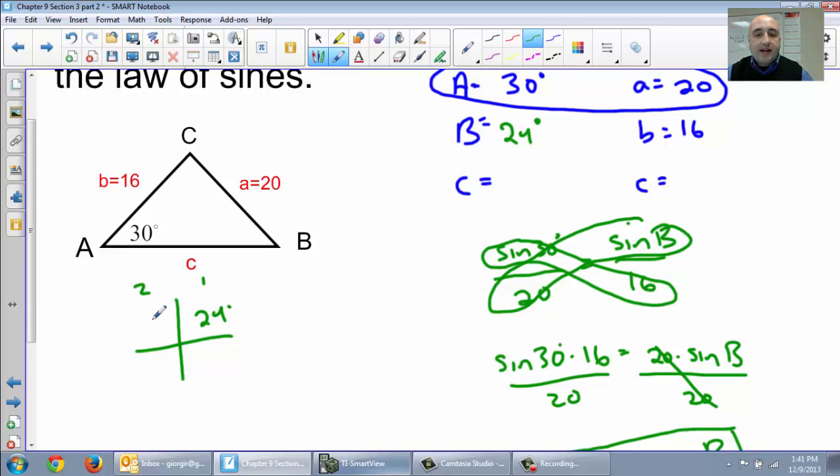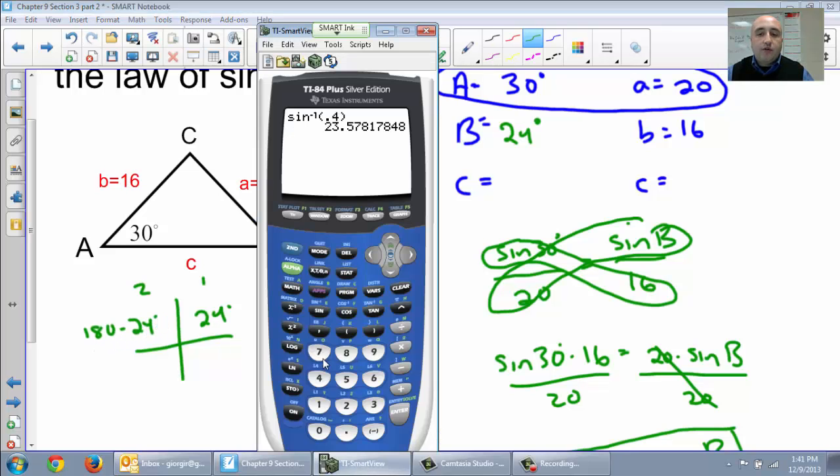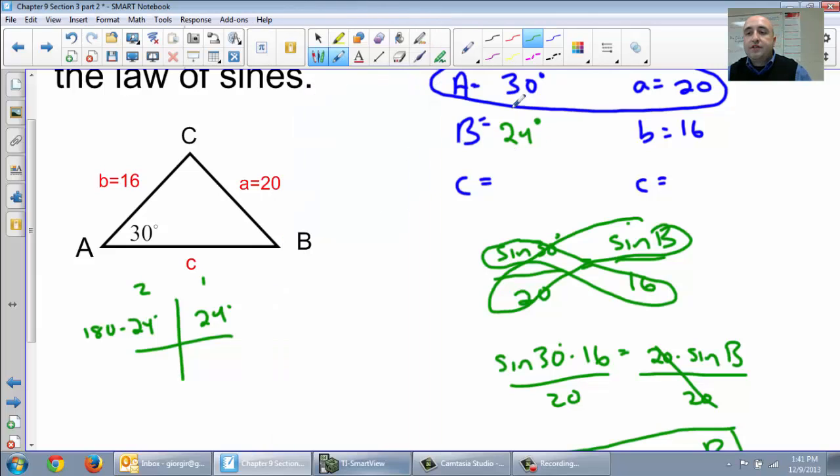And in order to get a second quadrant angle, you have to do 180 minus 24 degrees. So 180 minus 24 is equal to 156, or 156 degrees.